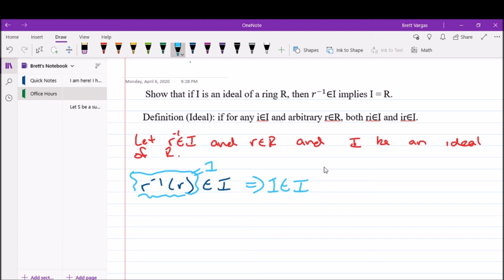So now I found a new element in the ideal. I haven't figured out my solution yet because I haven't proved that they're the same, but I'm going to use this. I'm going to try multiplying again. So I'm going to do 1 times R. I chose an element in I and an element in R, well, that's going to be equal to R. And since this is an element in I, and this is an element in big R, this must mean this is an element of I by definition of ideal.